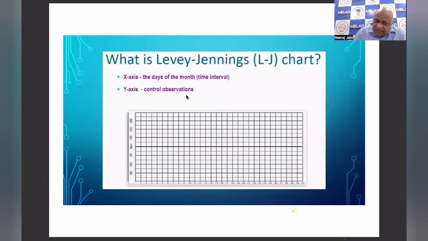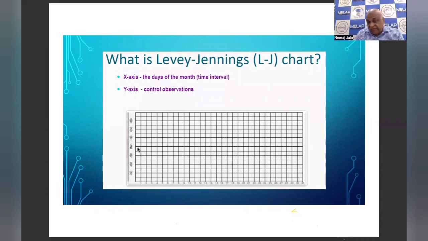What is this Levey-Jennings chart? In this, we draw two lines perpendicular to each other, one vertical line and one horizontal line. On this vertical line, we write the mean value at the point of intersection, and above this 1SD, 2SD, 3SD, and below this minus 1SD, minus 2SD, minus 3SD. On the horizontal line, we write the number of observations.